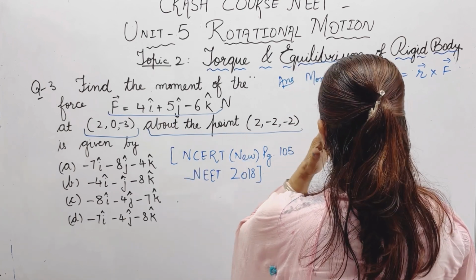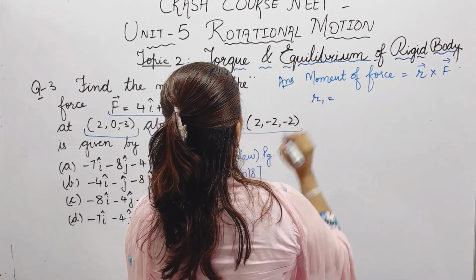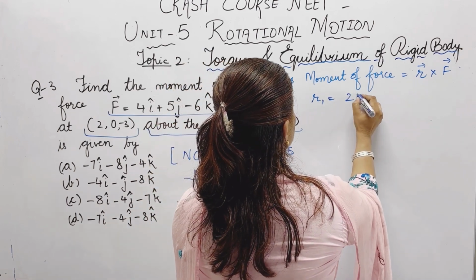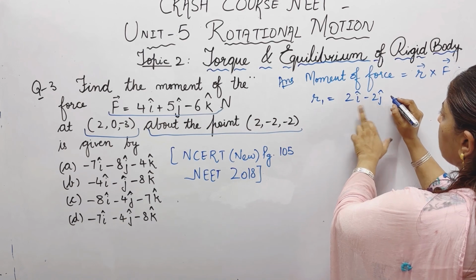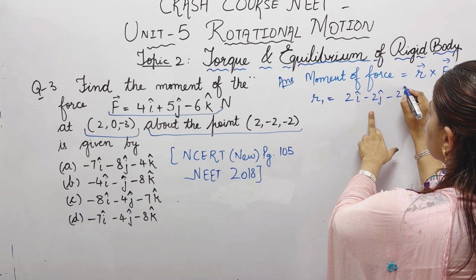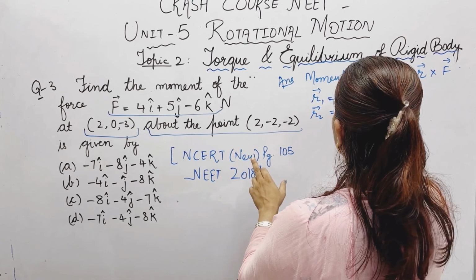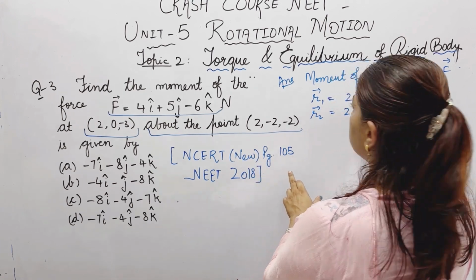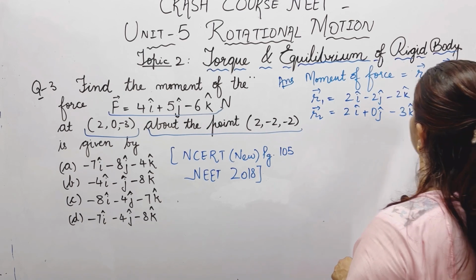Now to find out this value of r, according to the coordinates given, we have R1 given by 2i minus 2j minus 2k cap, and R2 is given here as 2i cap plus 0j cap minus 3k cap.